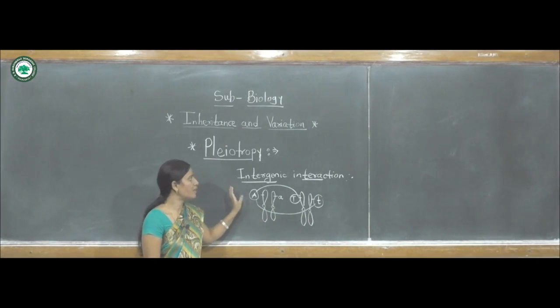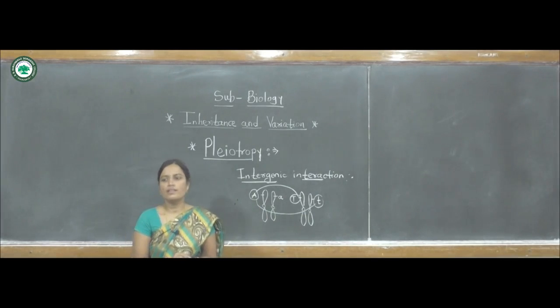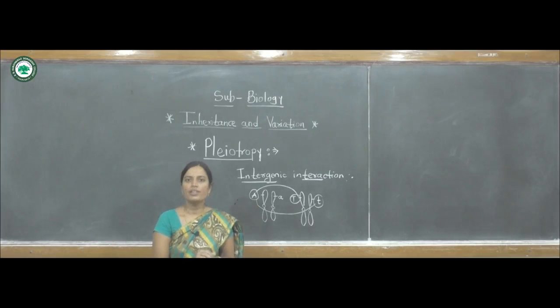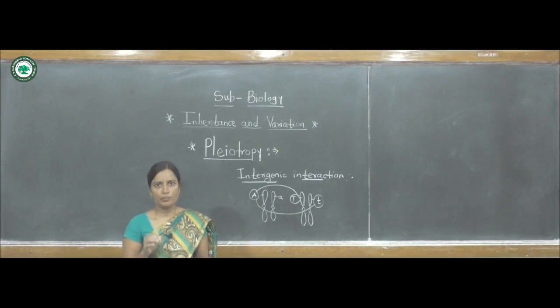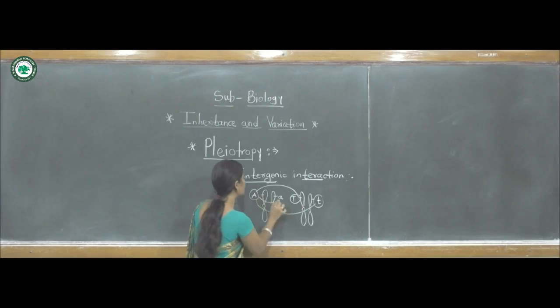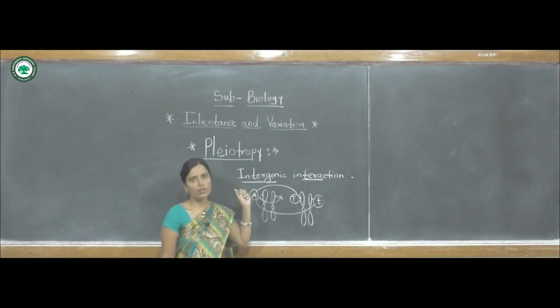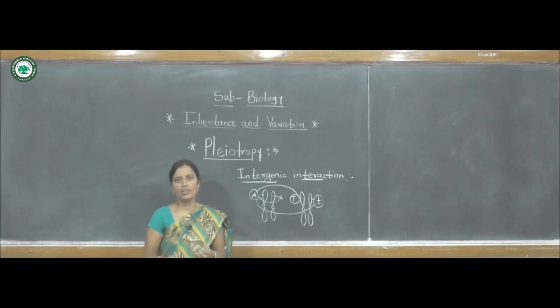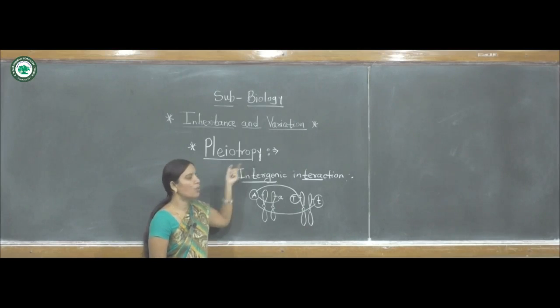This type of interaction is known as intergenic interaction, where the alleles of different genes are present on the same or different chromosomes. One important example is pleiotropy.